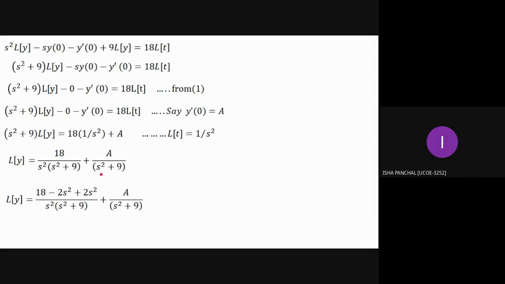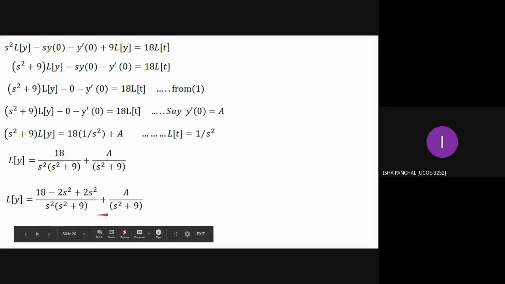Now, in the first term, in the numerator, we add and subtract 2s squared to get s squared plus 9. So Laplace of y is 18 minus 2s squared plus 2s squared upon s squared into s squared plus 9, plus a upon s squared plus 9.